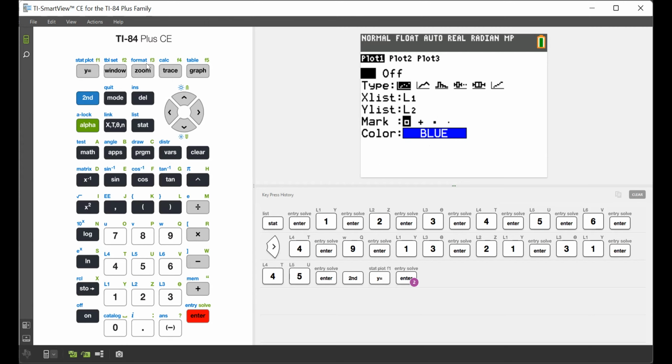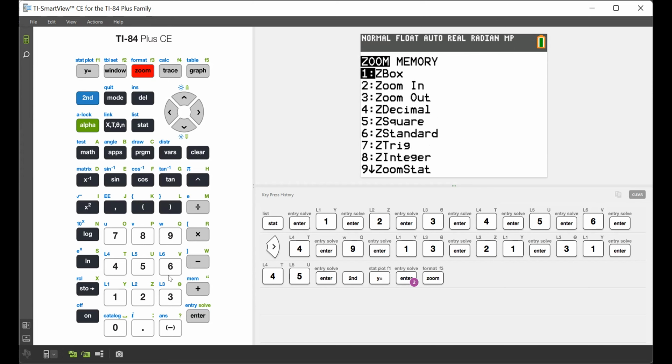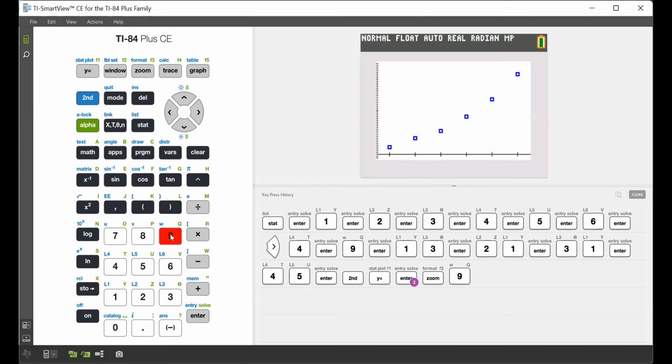Whenever you're graphing a scatter plot or something of that nature, it's a good idea to do a zoom 9. Okay, that looks less linear to me than it looks like a power function. So let's see if we can calculate what the power function is.